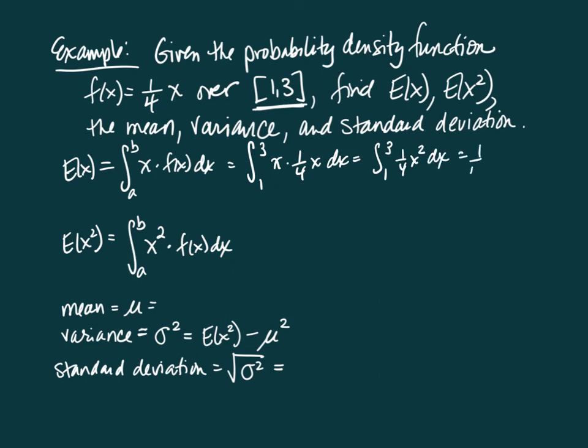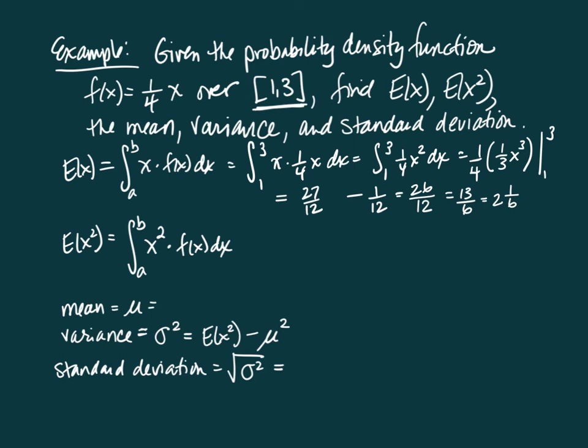Doing my integration, this is 1/4 times 1/3 x cubed from 1 to 3. Plugging in 3, I get 27/12. Plugging in 1, I get 1/12. So when I subtract, I get 26/12, or in lowest terms, 13/6, which is equivalent to 2 1/6.